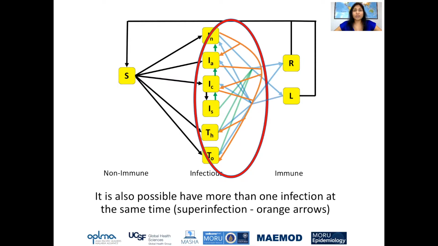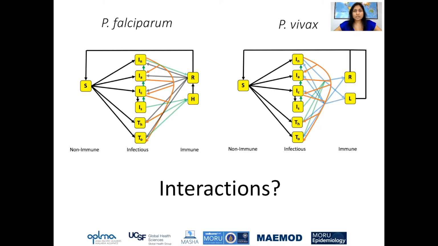Like falciparum malaria, it is possible to have more than one vivax infection at the same time. But what about a mixed infection? It is also possible to carry Plasmodium falciparum and vivax parasites at the same time. If this is the case, there are several interactions to take into account.